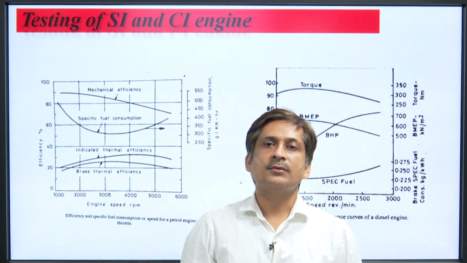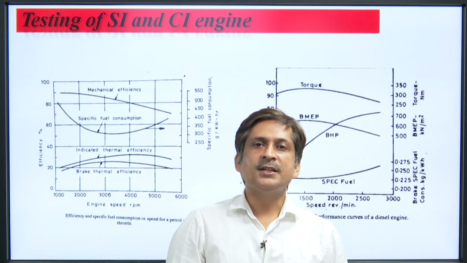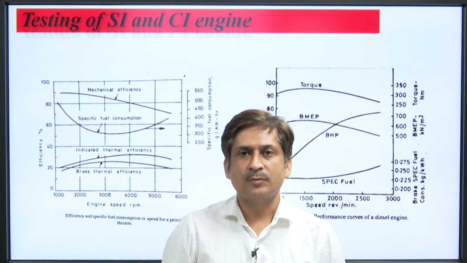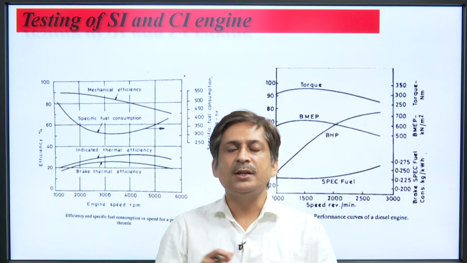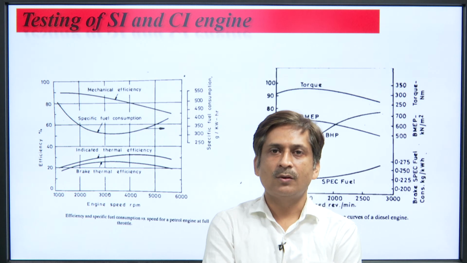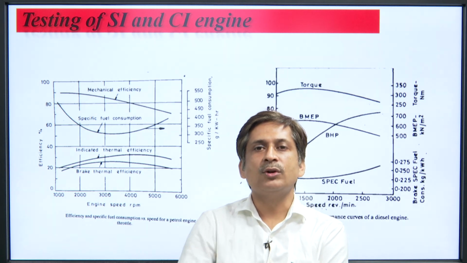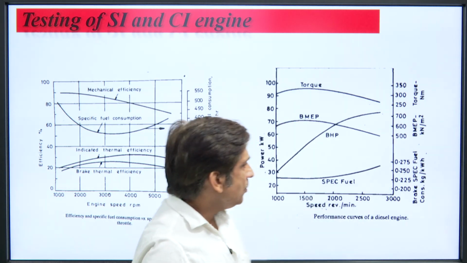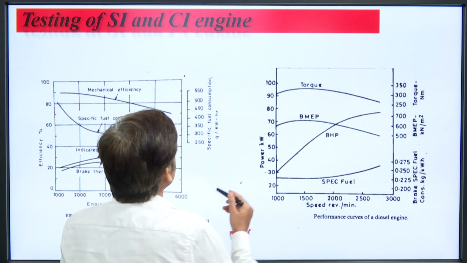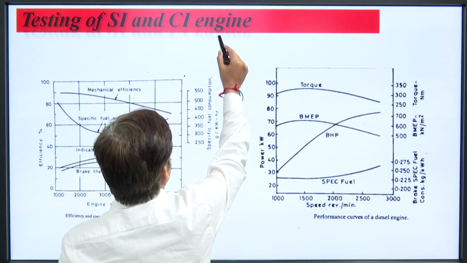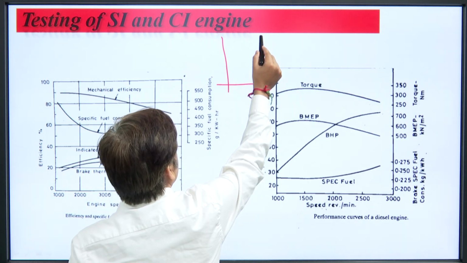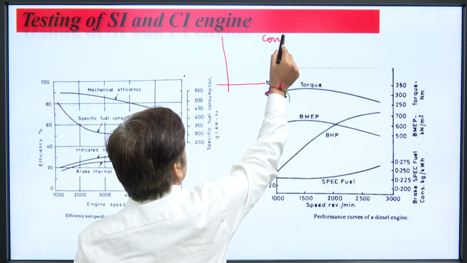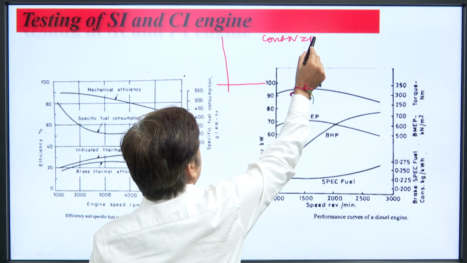Engine may be constant speed type, engine may be variable speed type also. In a constant speed type engine, we keep the RPM nearly constant throughout the load condition. For example, I am taking a constant speed CI engine running at around 1500 RPM.